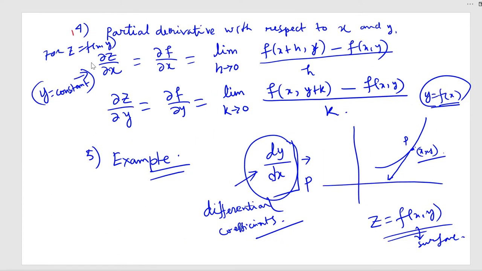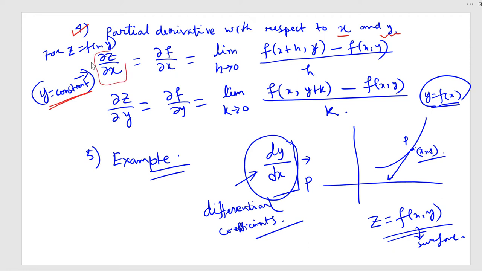And then we have defined the partial derivative with respect to x and also with respect to y. For that we assumed y as constant and then calculated the partial derivative.